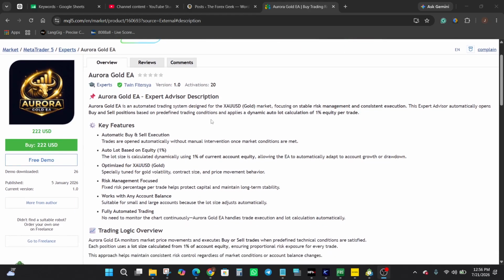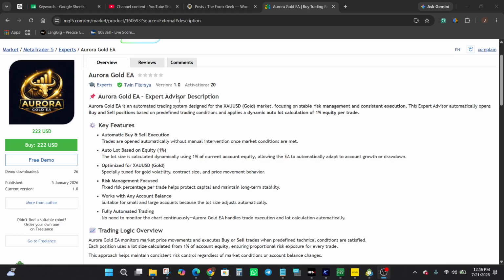Okay, so in this video, I am reviewing Aurora Gold EA, and to confirm, this one supports both MT4 and MT5. On the marketplace, it is listed at 222 US dollars to buy, developed by Twin Fidelcia, currently on version 1.0.